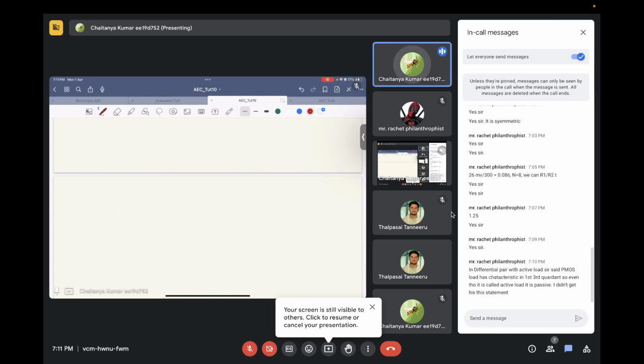We call it active. You know that any element that has the IV characteristic in the second and fourth quadrant is an active element, and anything that has the IV characteristic in the first and third quadrant is a passive component. Do you know about this?